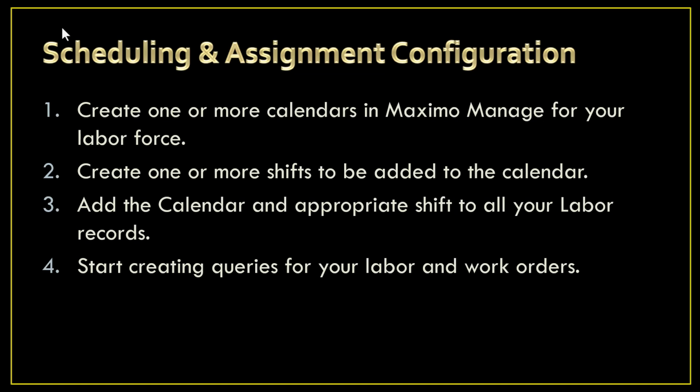And you add that calendar and the specific shift they work on to each and every one of those labor records. Now, labor records actually sync behind the scenes with the person record. So you'll notice that the person record will also have the calendar and the shift on it after you save that information to your labor record.